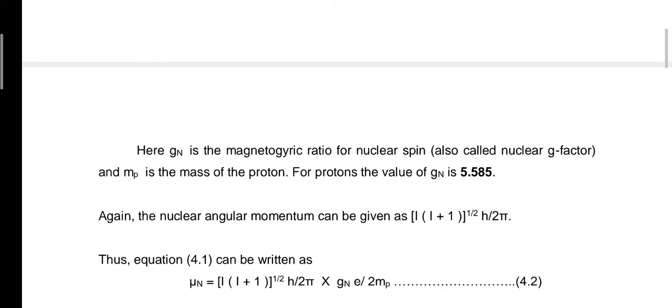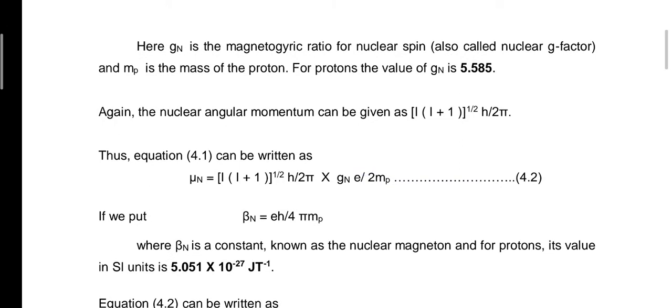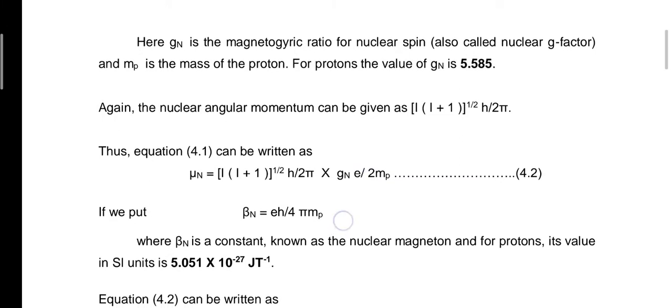The value is many times given, but you have to remember it also, because g_n, the magnetogyric ratio, is 5.585, and m_p here is the mass of the proton.